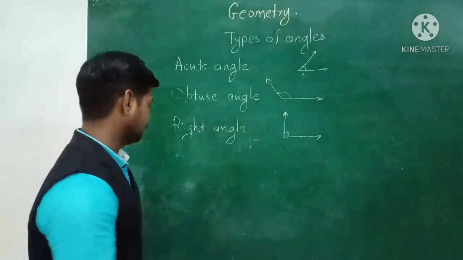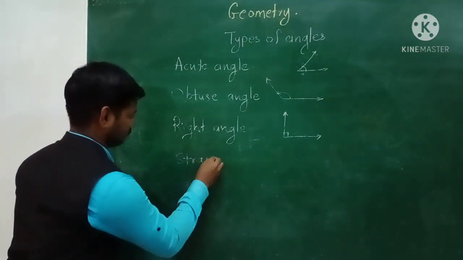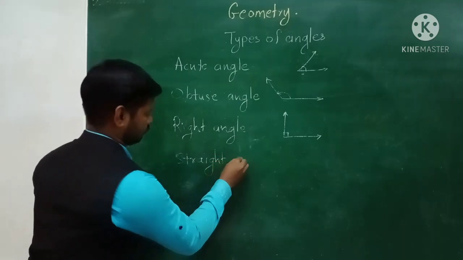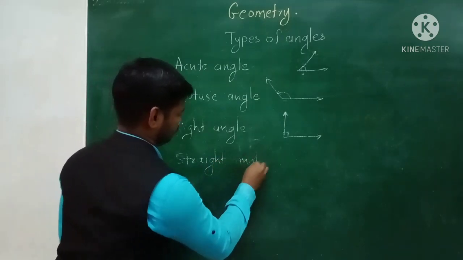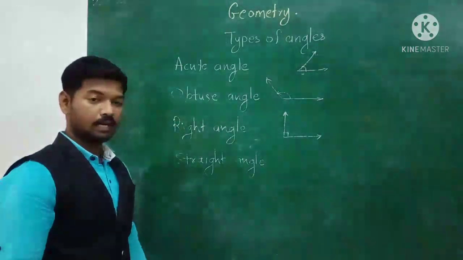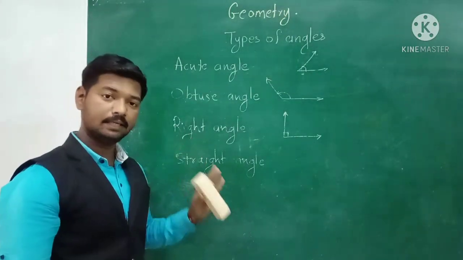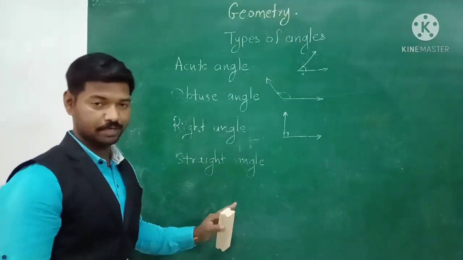Now we will see about straight angle. An angle which measures exactly 180 degree is known as straight angle.